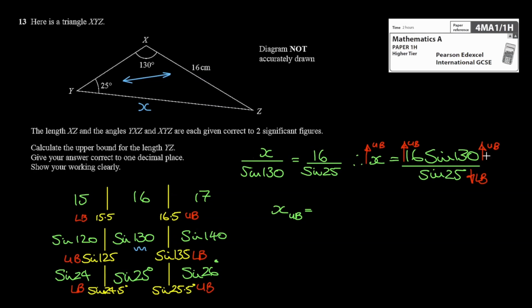So it's now just a matter of choosing from our table which one of these values we want. So instead of 16, we can write the upper bound of 16, which is 16.5. Sine 130, we want the upper bound, and that will be sine 125. And that's divided by the lower bound of sine 25, which is sine 24.5.